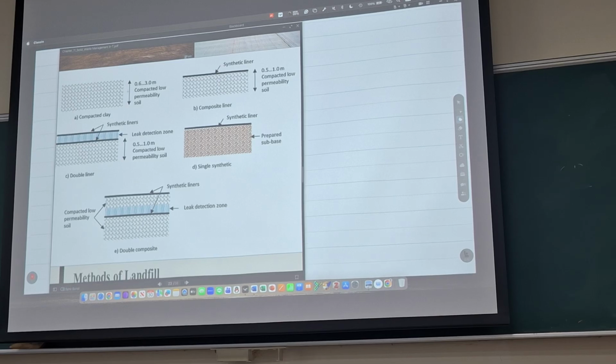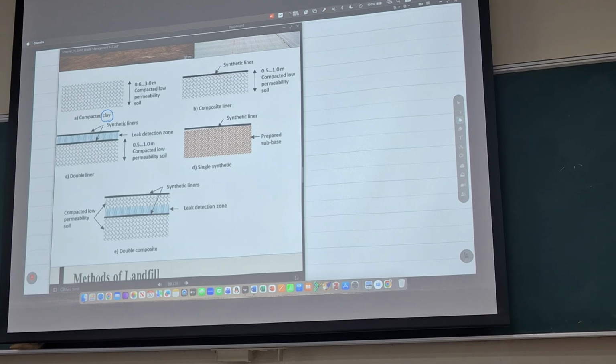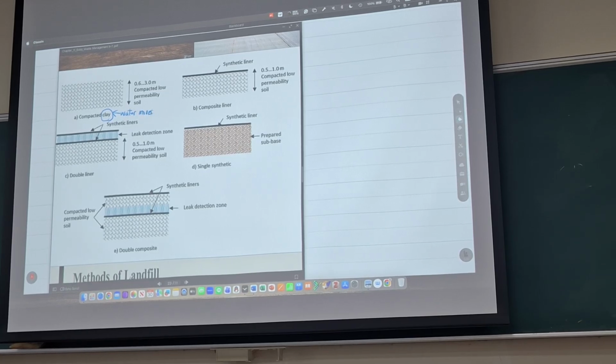The reason we use clay is because water moves through it slowly. So water moves slowly in clay, just write this down.